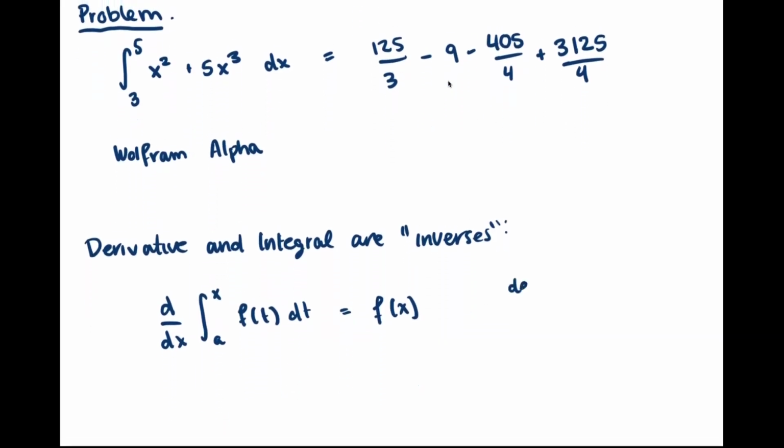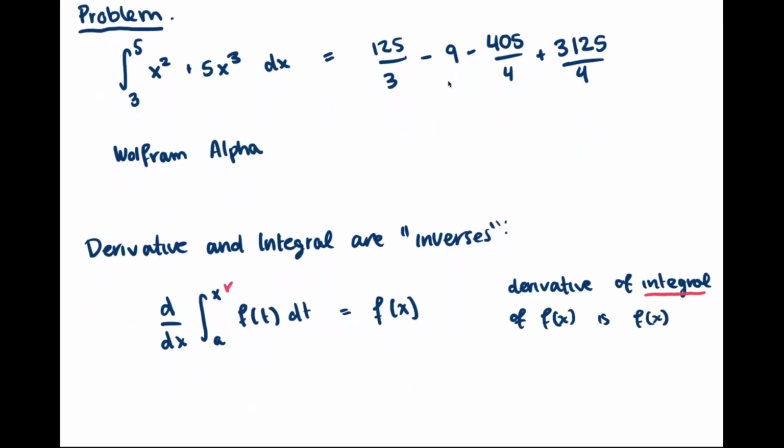So the derivative of the integral of a function is f(x). Of course, you have to be a little bit careful with this because of what the bounds of the integral are.